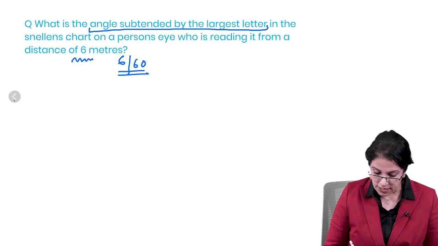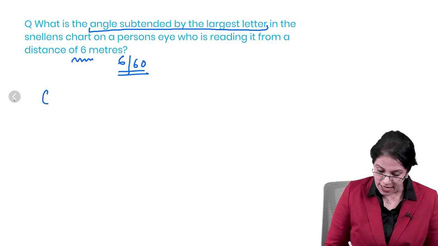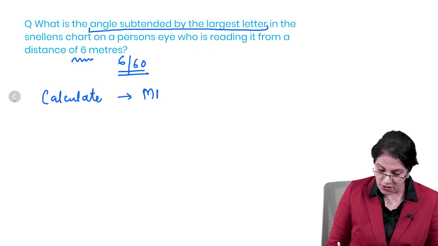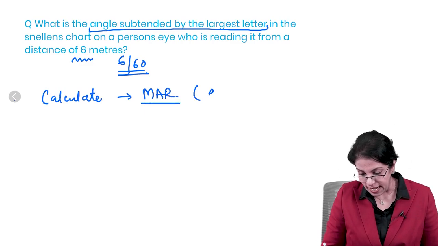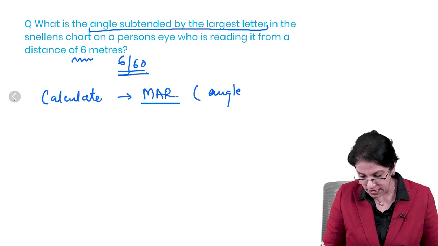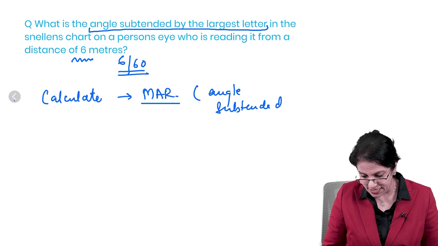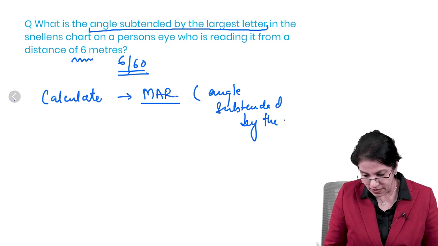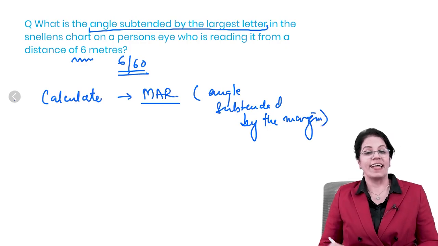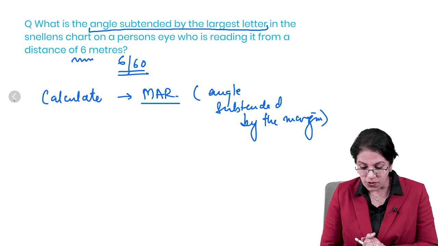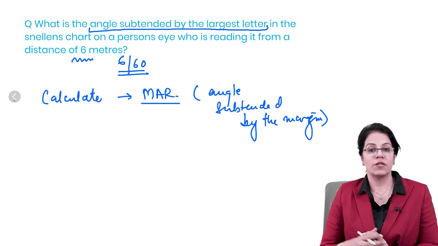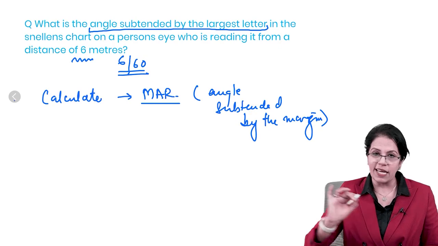So the tip here is, we first calculate the minimum angle of resolution. And minimum angle of resolution is nothing but the angle subtended by the margins of the letter. Am I clear here? The minimum angle of resolution has to be calculated. And I have already explained, you have to just multiply it by 5. So, what is the minimum angle of resolution at 6 meters for any acuity line?